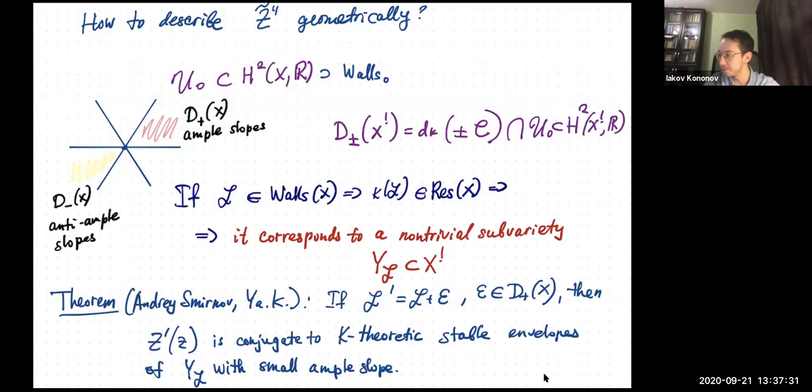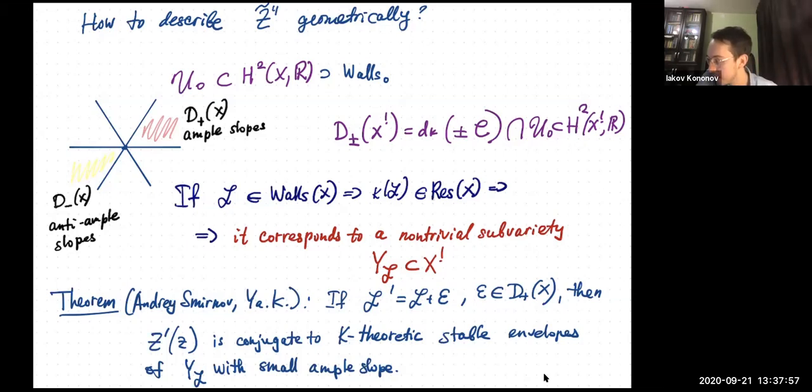So if some element L is in walls of X, then kappa of L is in resonances, and then kappa of L corresponds to some non-trivial subvariety in X factorial, because there is some cyclic group corresponding to kappa of L.